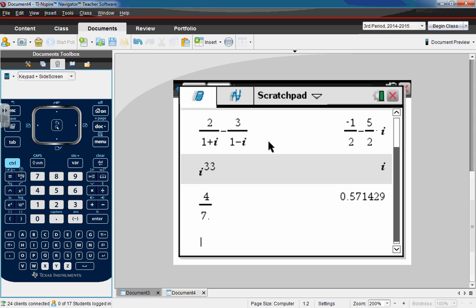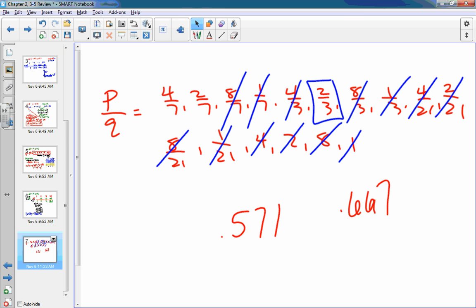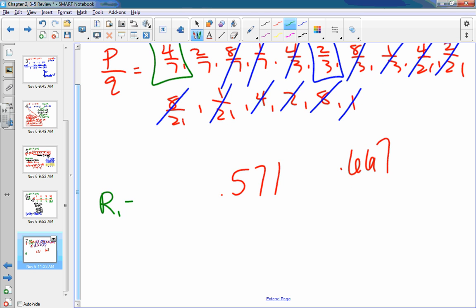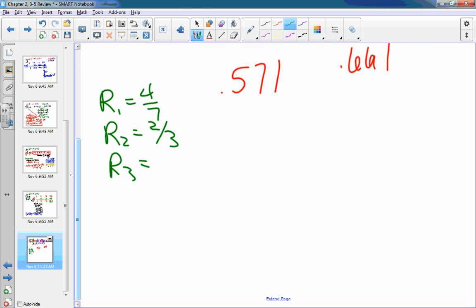So now what you need to be doing is synthetic division: root 1 is 4 7s, root 2 is going to be 2/3, and root 3 and root 4 are going to be what? What do you think they're going to be? Imaginary. Does that make sense? Do we all understand where we had our mistake on that problem?